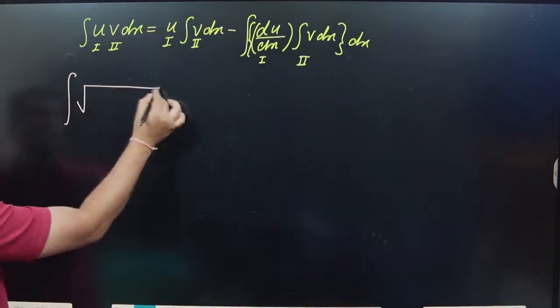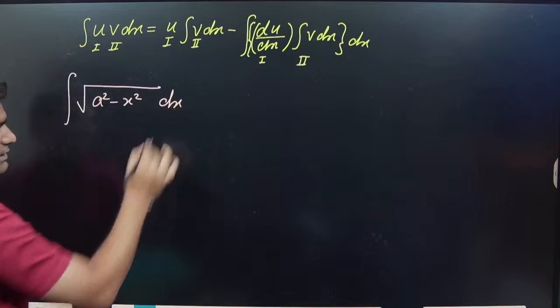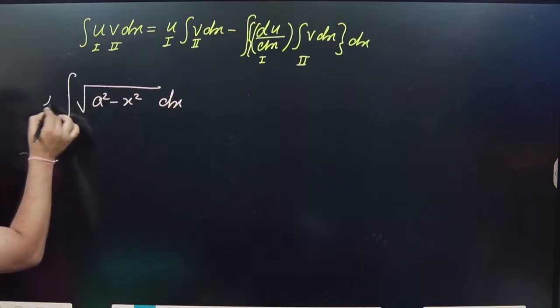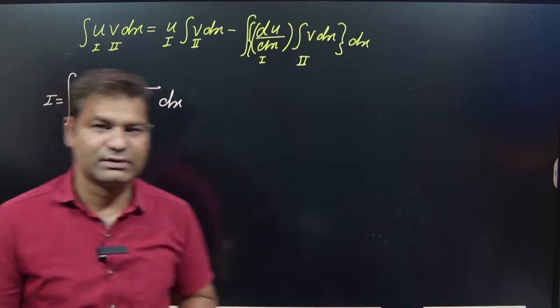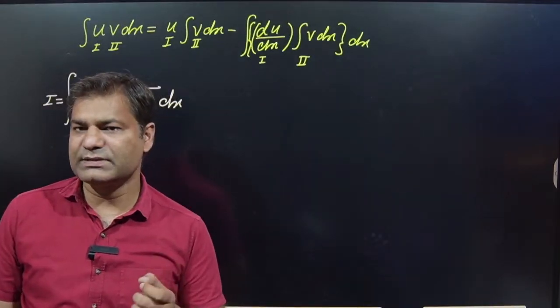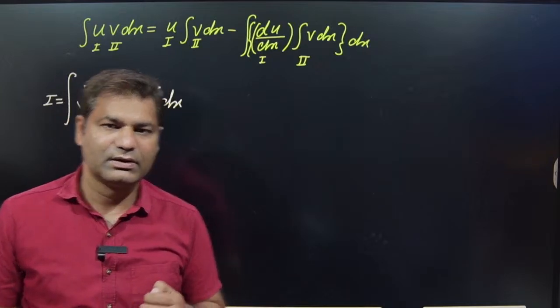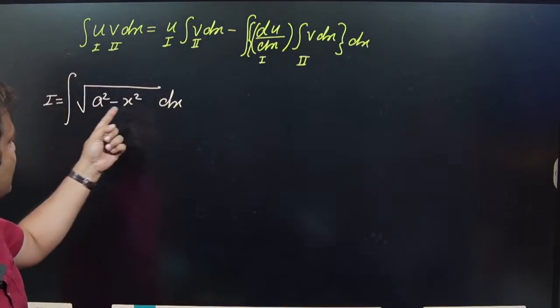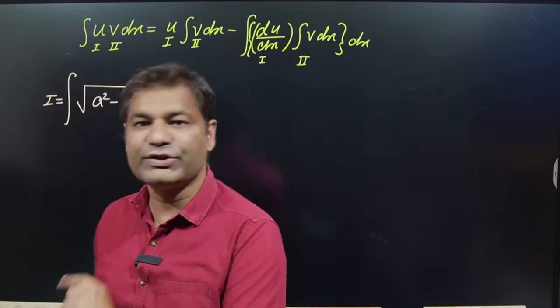Our motto, we are focused on under root a square minus x square dx. Okay, first of all let this be I. If you see this question, under root a square minus x square dx is given, but you don't know the integration of that one. But what about the differentiation of that one?